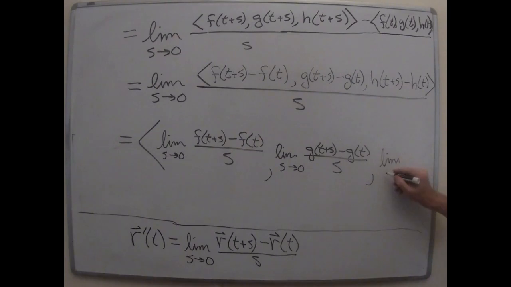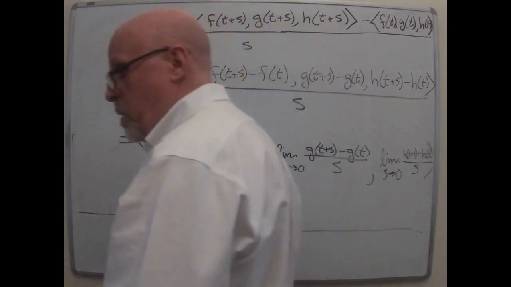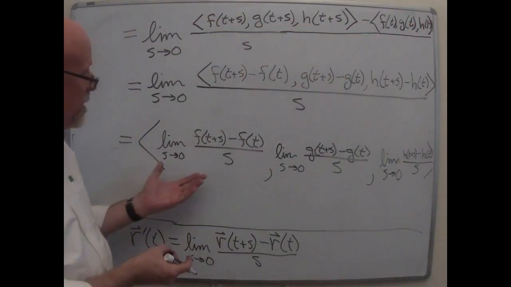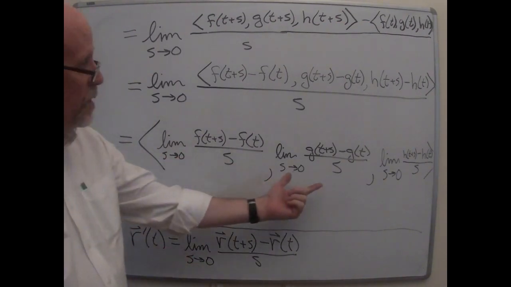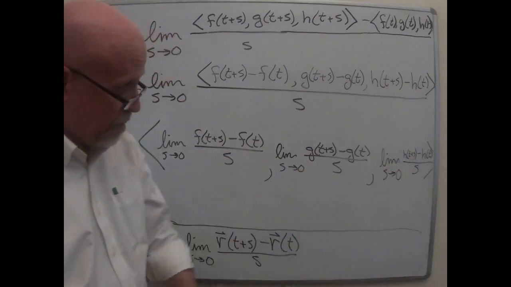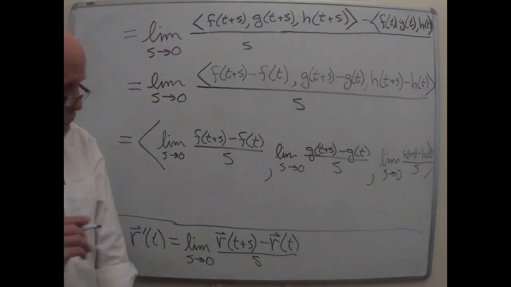It'll be the limit as s goes to 0 of the difference quotient with h of t, maybe if I write really tiny. And then an angle brace for the back end of that vector. Well, do you recognize those things that are now the components of this thing we've created? I hope you do. That's the derivative of f. This one's the derivative of g. And that last scrunched in one is the derivative of h.